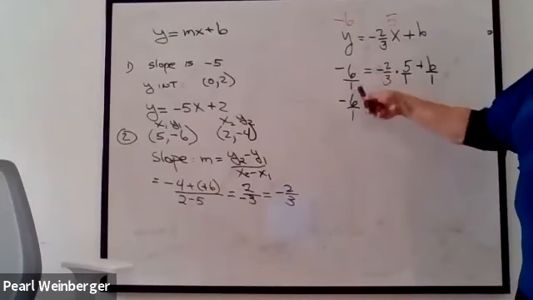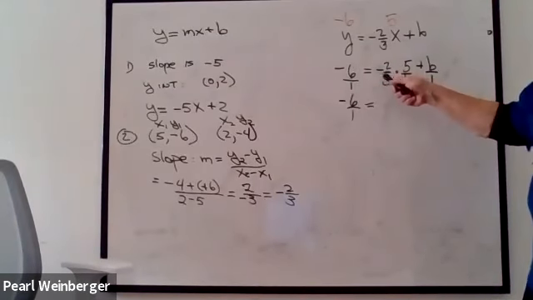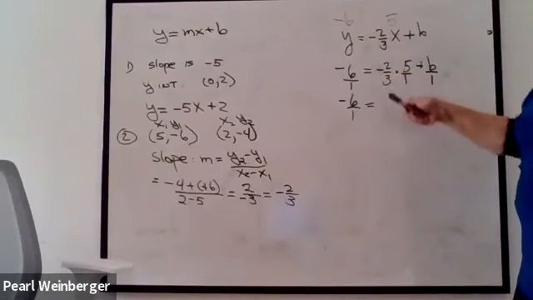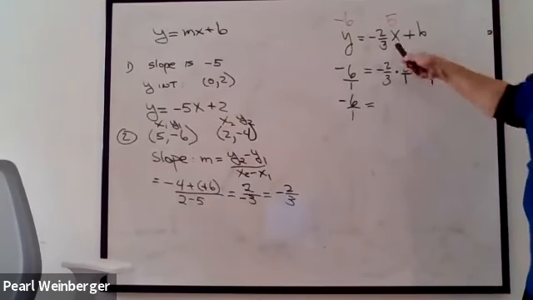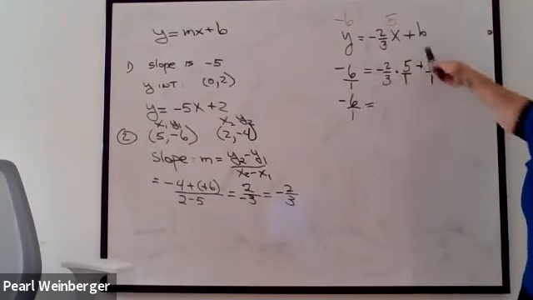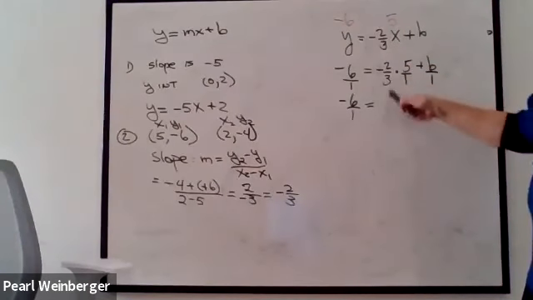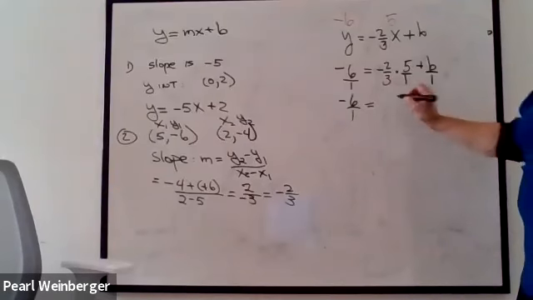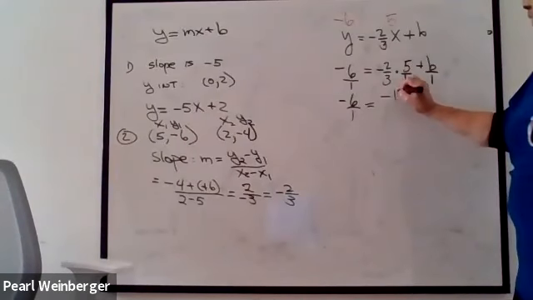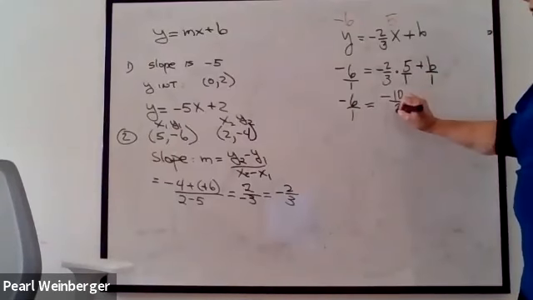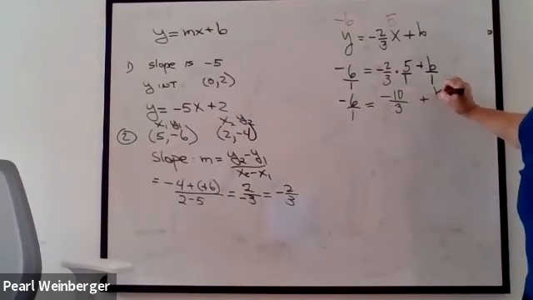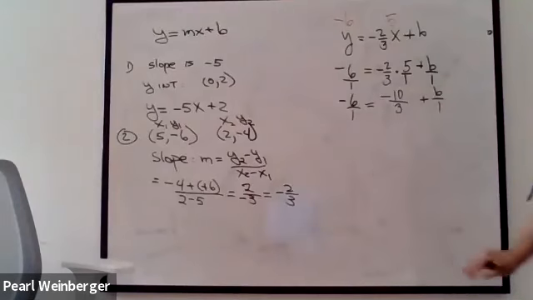So this is -6/1. The first thing I have to do is multiply the -2/3 with a 5/1. Now, remember, I always try to cancel out a numerator with the denominator, but here nothing is going to cancel. So I just multiply the numerators together, which gives me -10 over 3 times 1, which is 3. And that's plus b over 1.